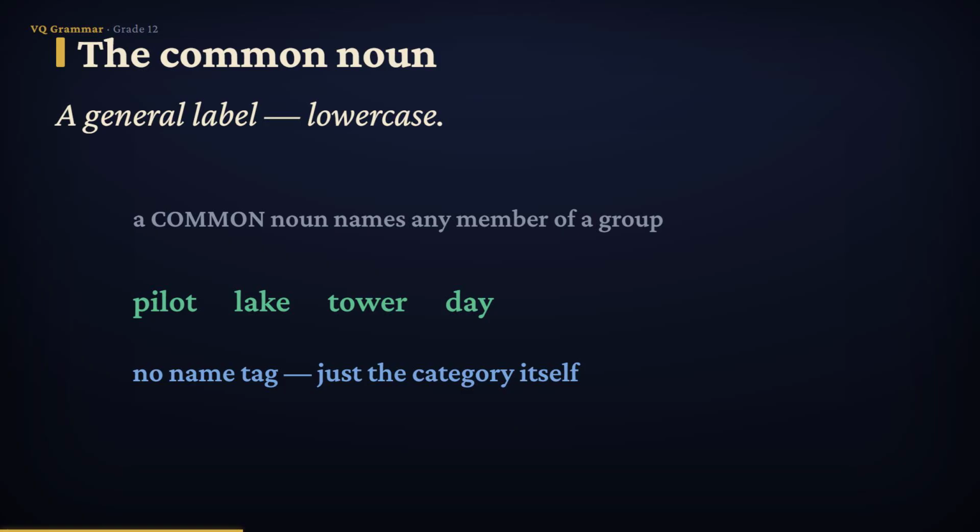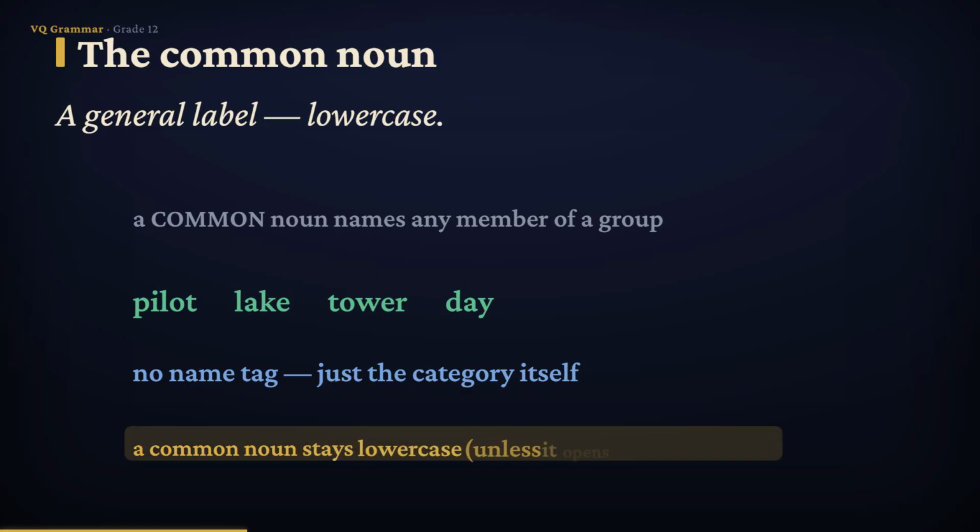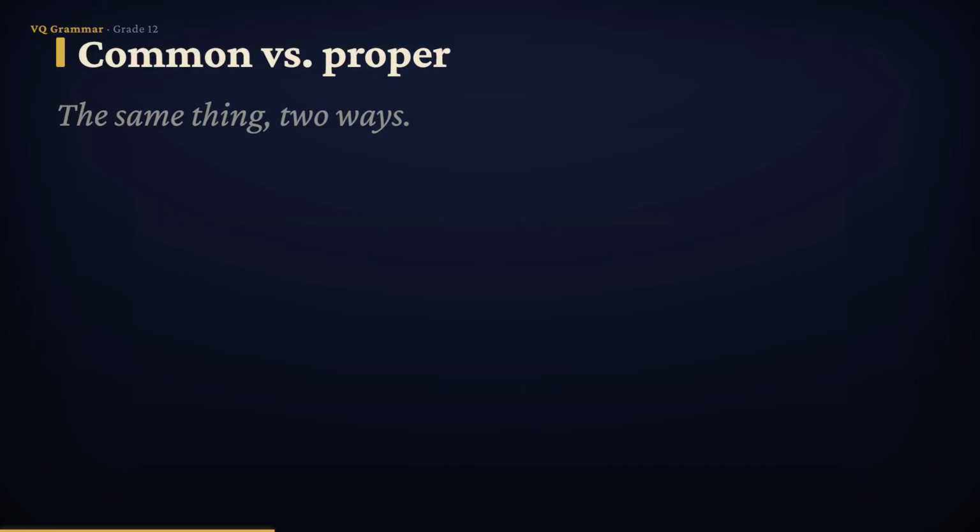And because it isn't a specific name, a common noun stays lowercase. The only time it takes a capital is when it happens to open a sentence. So the capital letter is really your clue. Named and specific gets a capital. General does not. Let's put them side by side, because seeing the pair makes it click.